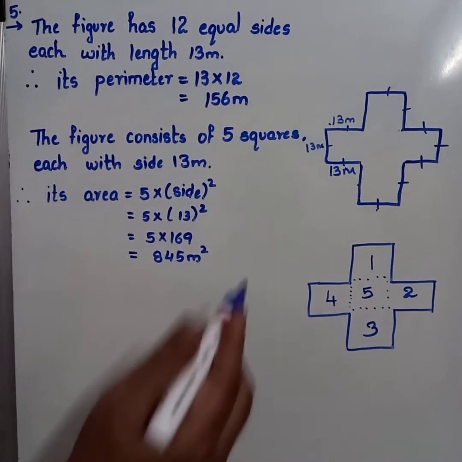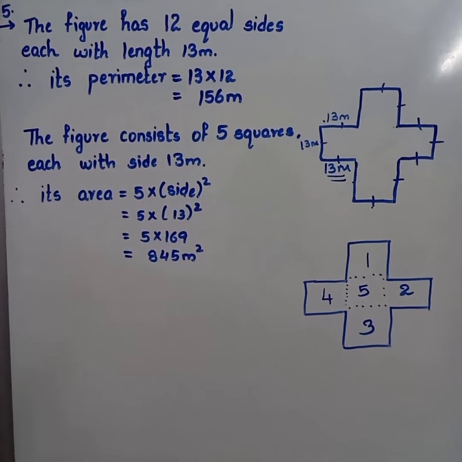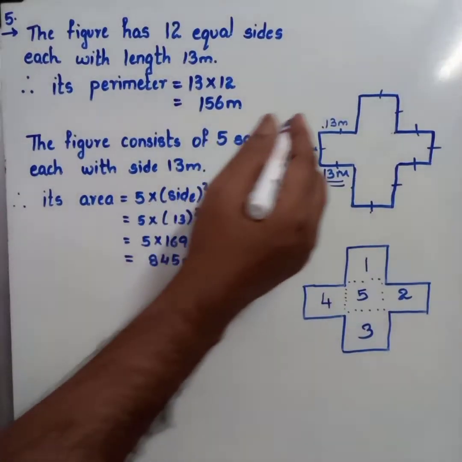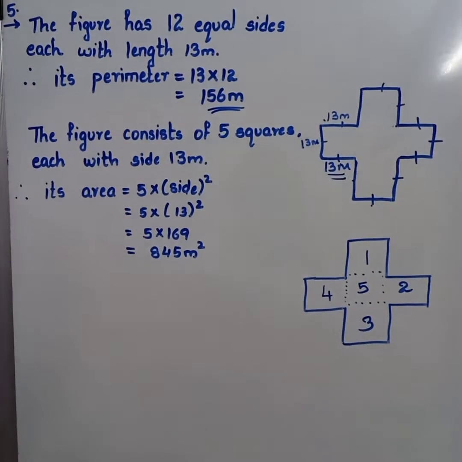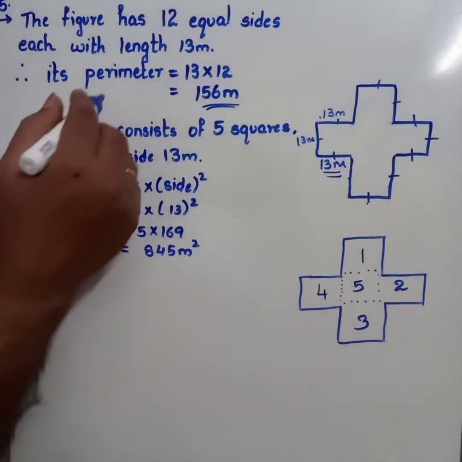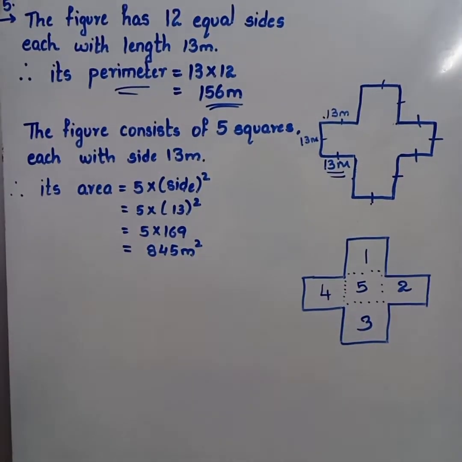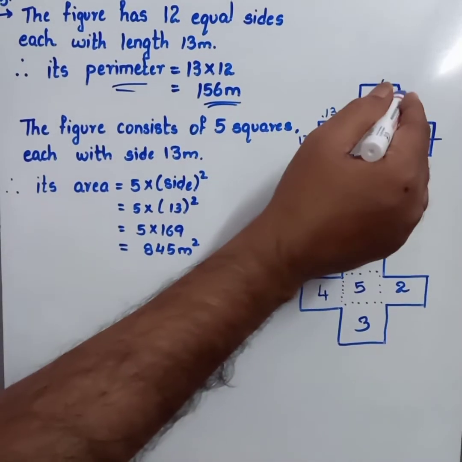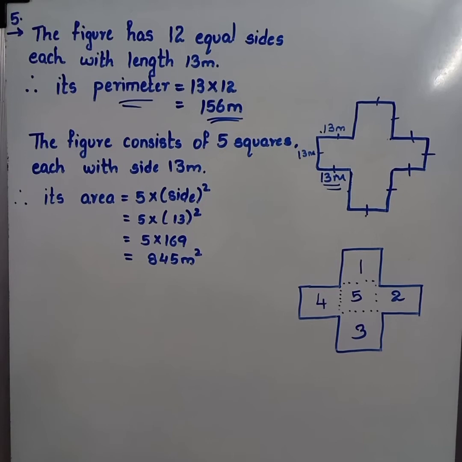Each side is 13 meters. So for perimeter, what will we do? 13 into the number of sides. So 13 into 12, that comes up to 156 meters. Here 13 is the measurement of the side which is equal, and there are 12 sides. So 13 into 12 is 156 meters.